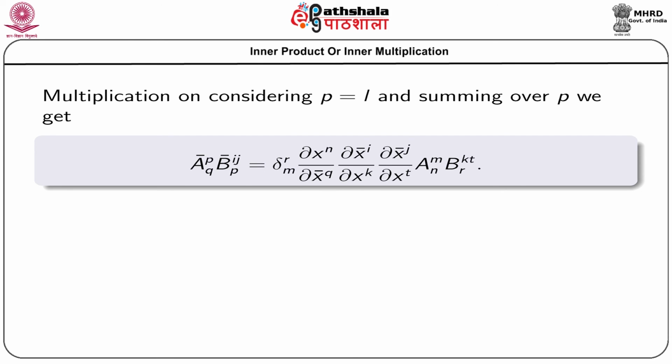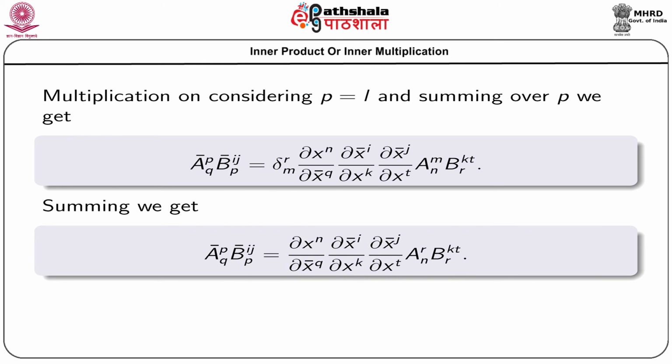Summing, we get this form: A bar^{pq} B bar^{ij}_p equals ∂x̄^q/∂x^n ∂x̄^i/∂x^k ∂x̄^j/∂x^t A^{rn} B^{kt}_r. So, when we apply the Kronecker delta, this m will be replaced by r.